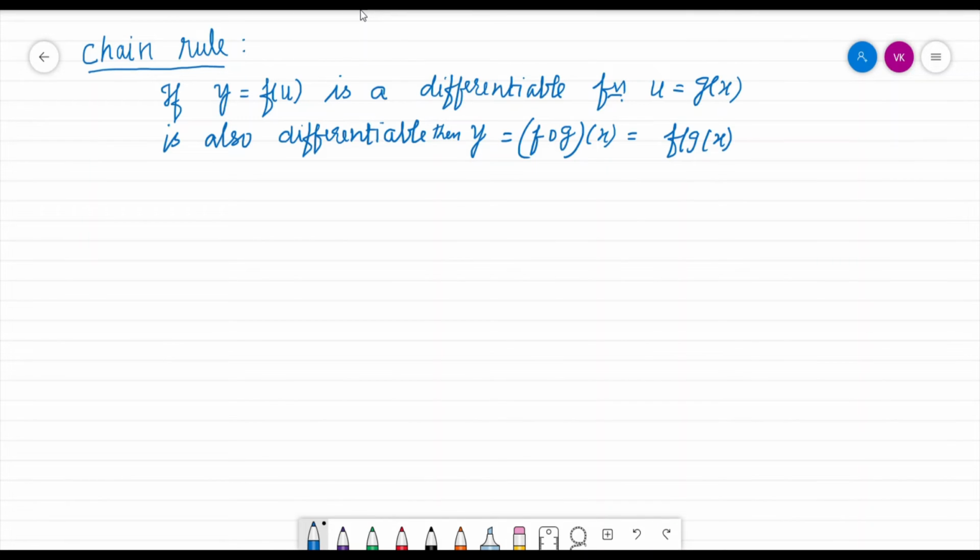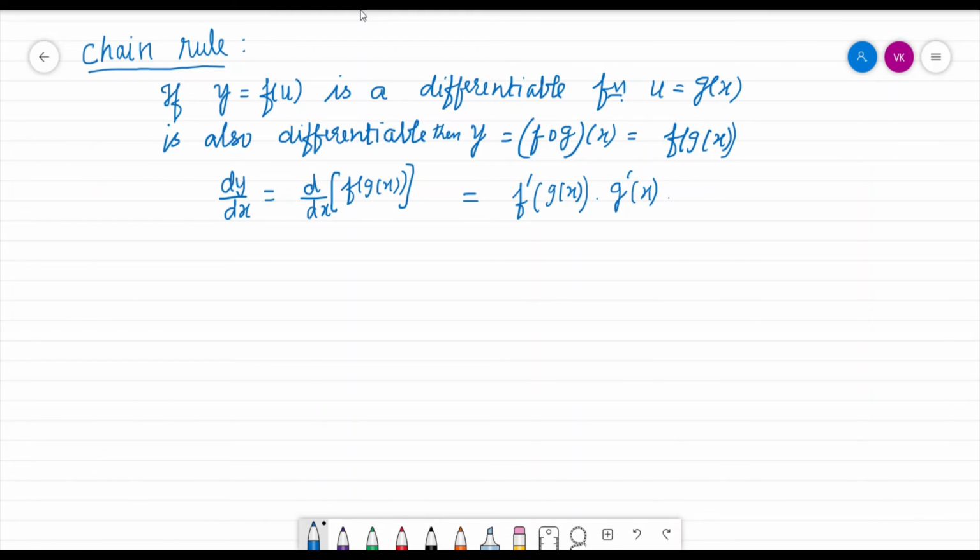In such a case, the derivative of y, that is dy by dx, where y is the composition of the function f of g of x, is going to be f dash of g of x into g dash of x. And again, this rule can be extended to any number of functions.